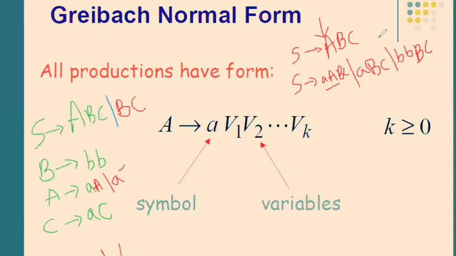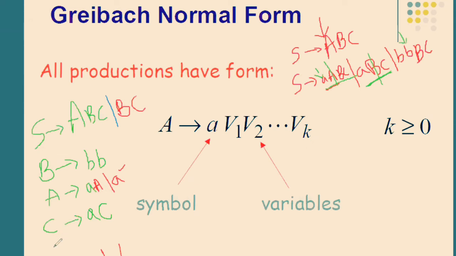Now, in these three, you check if there is anything that is in GNF. You can see here, this production is in GNF, right? And this is also in GNF, because the first symbol is a terminal and the others are non-terminals. Now you have to look at this. This is not in GNF. So I'll add a new production.